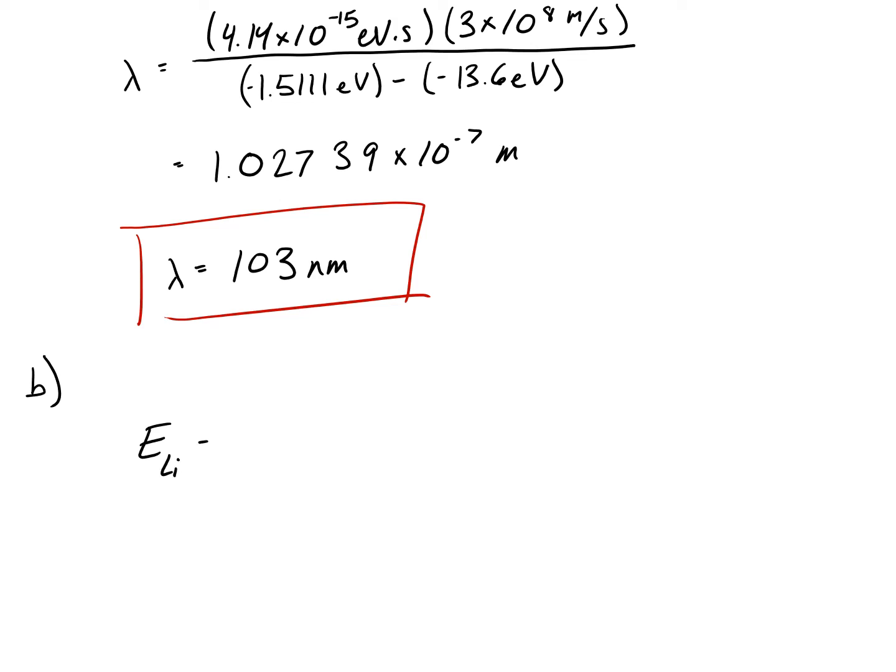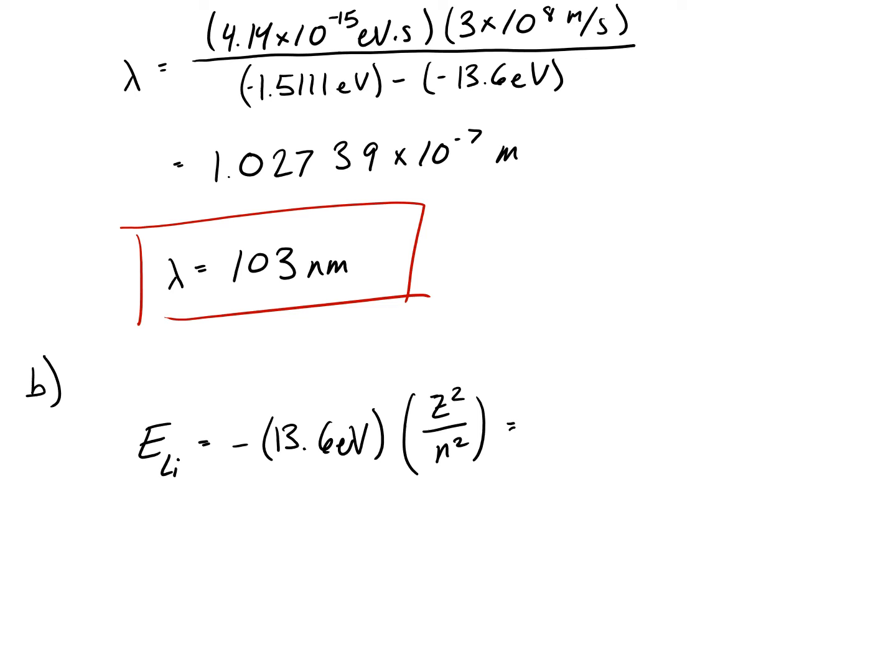The energy for lithium, it turns out, can be calculated by negative 13.6 eV times Z squared over N squared, where Z here is the number of protons inside of our nucleus.